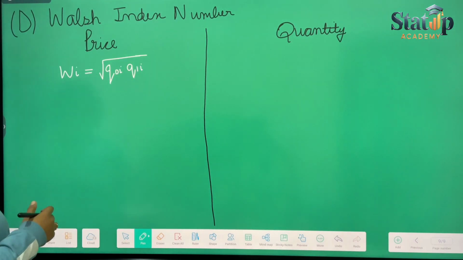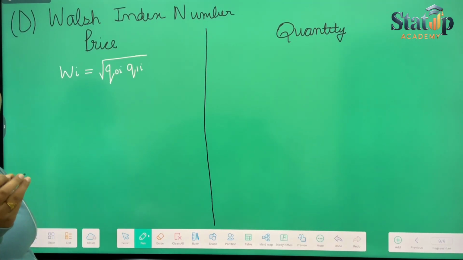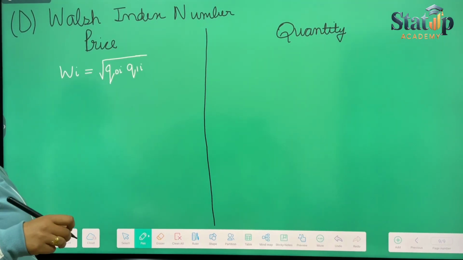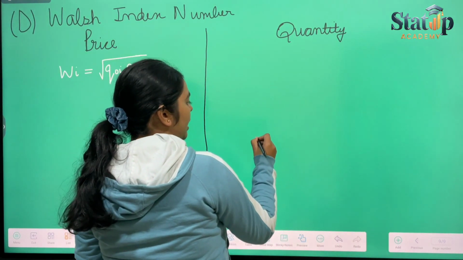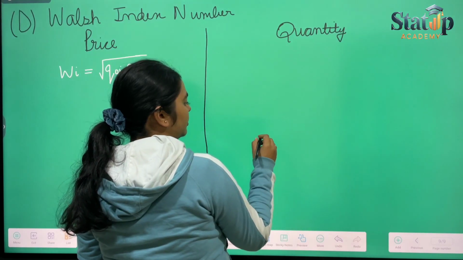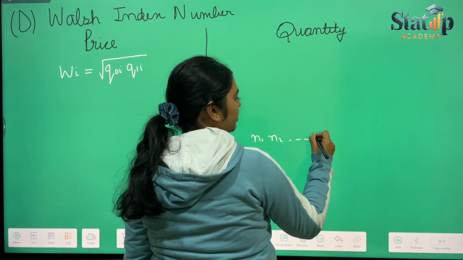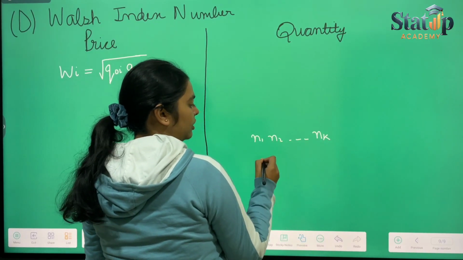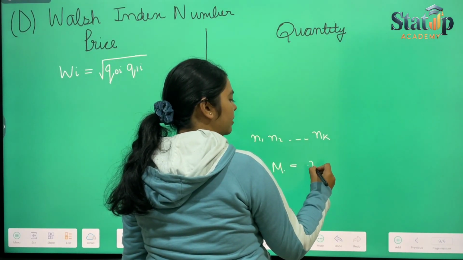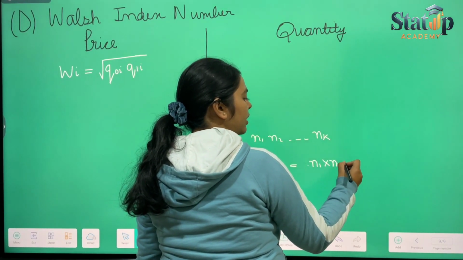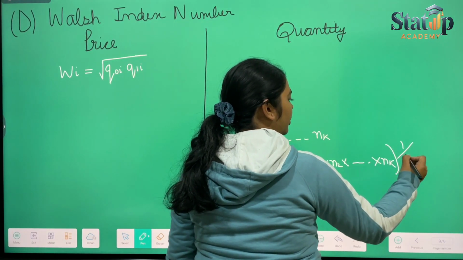You know that the geometric mean of n variables n1, n2, n3 up till nk is (n1 into n2 into up till nk) whole raised to the power 1 upon k.